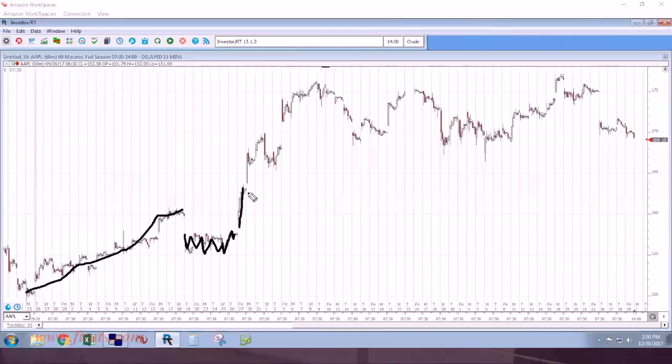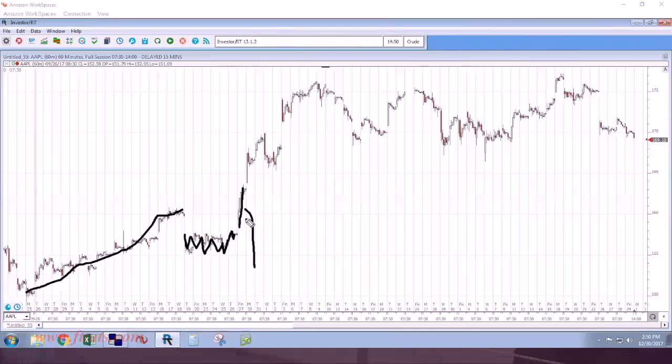At first, you don't know if this thing's going to continue or not. So it could be a test. Now, if this had rejected and come back the other way, that would say we tested this direction, couldn't go that direction, and now we're coming back to an area that we rested.